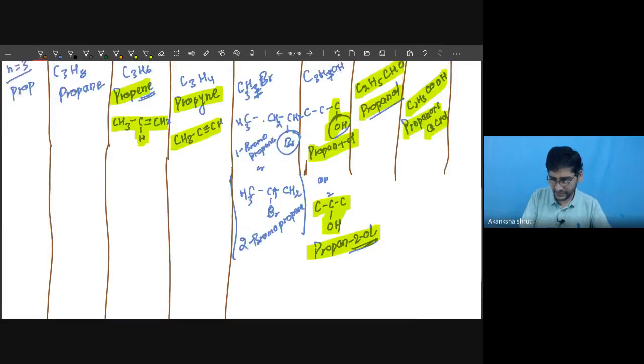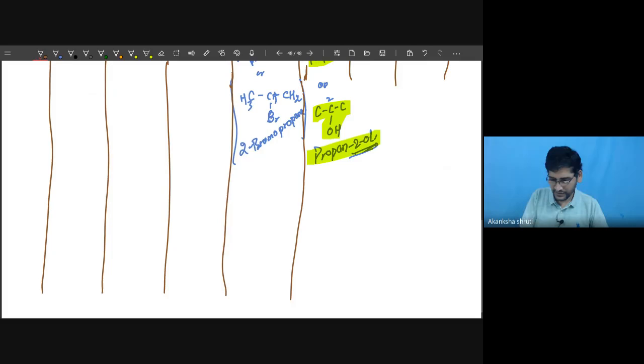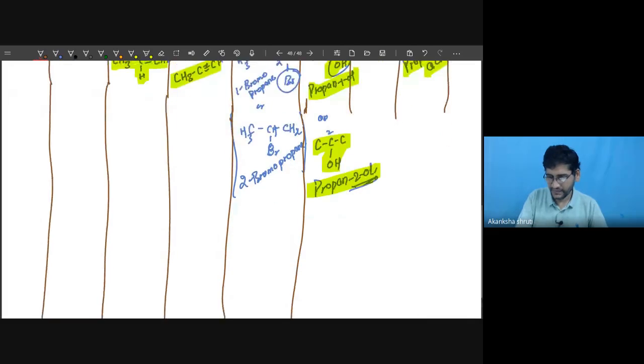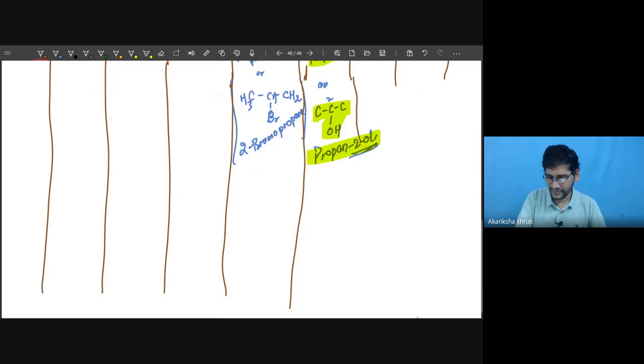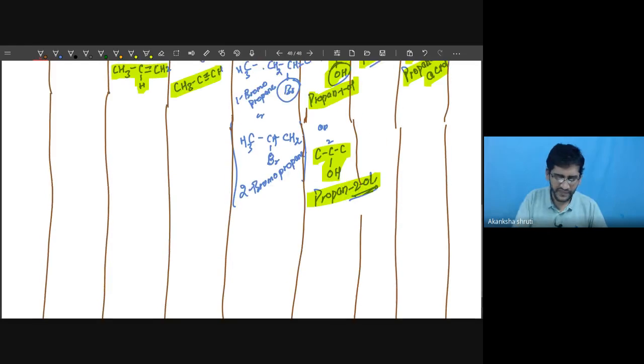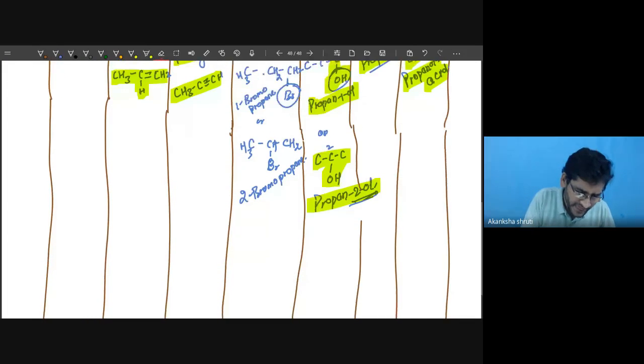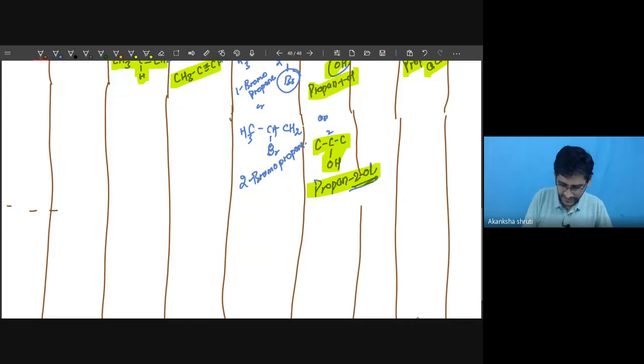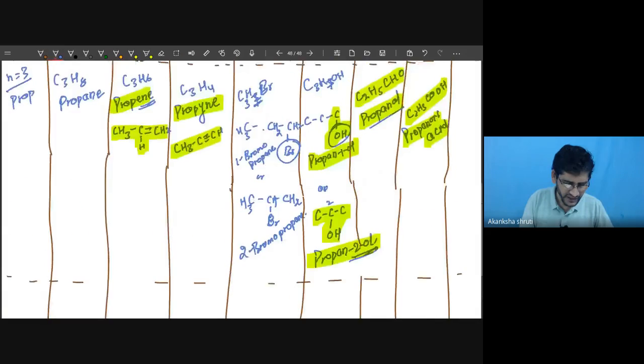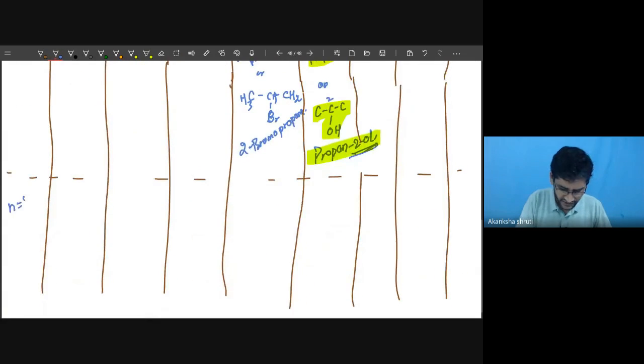Yes, students. So let me draw it quickly. So let us mark this: for n equals to 3 we have done, n equals to 4.